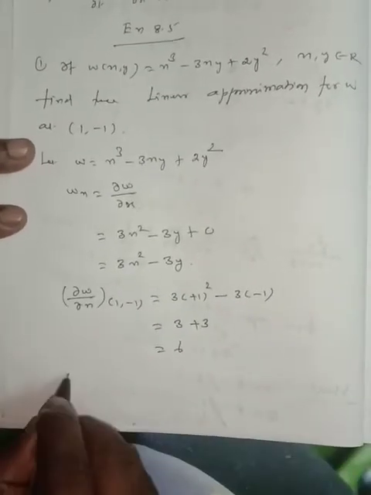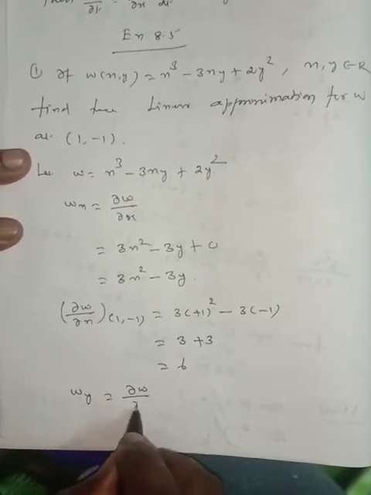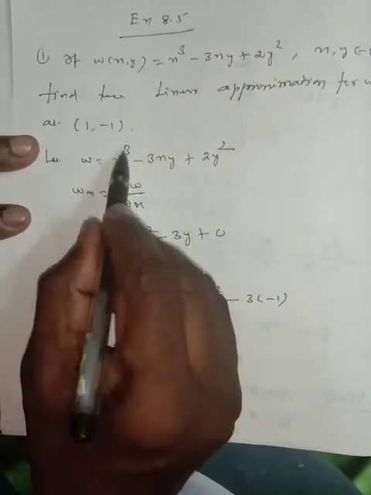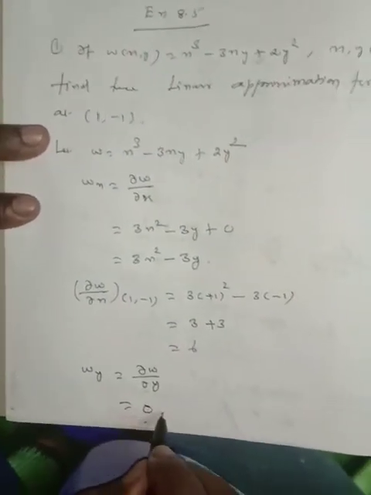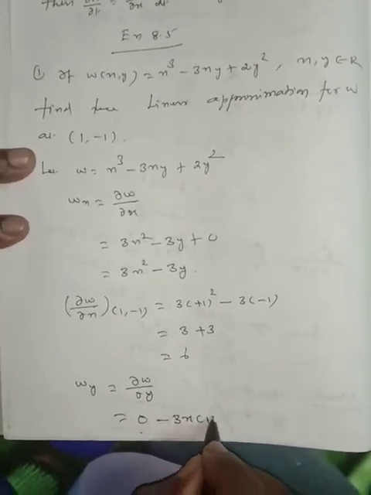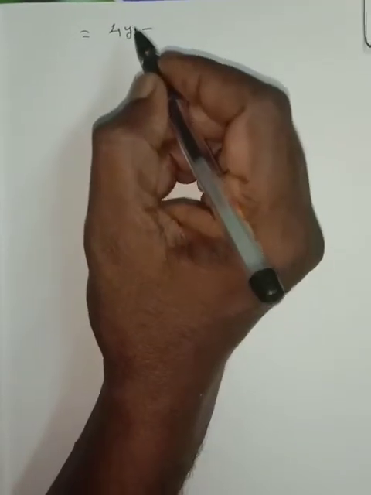Next wy. wy means dou w by dou y. First x is a variable, therefore 0 minus 3x into 1 plus 4y, that is 4y minus 3x.